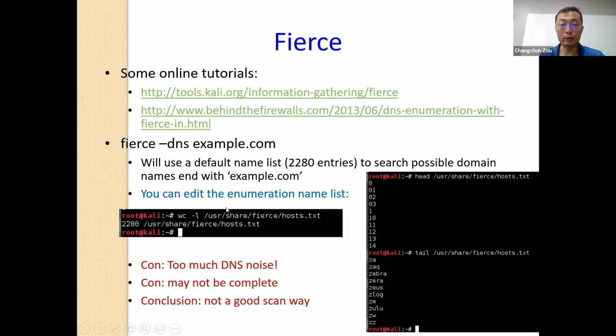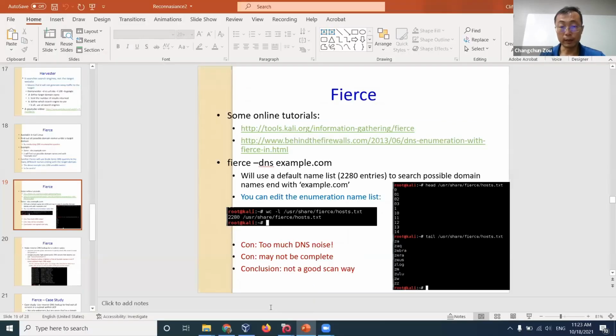So this dictionary list is actually in this /usr/share/fierce/hosts here.